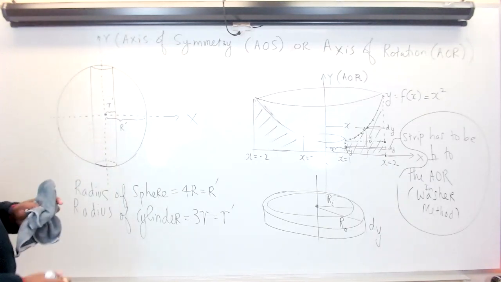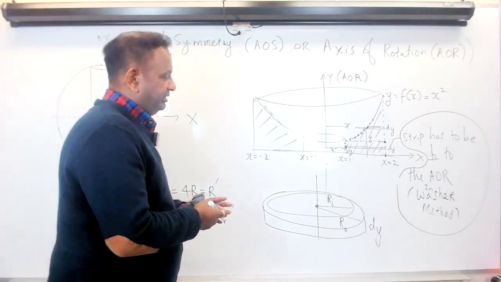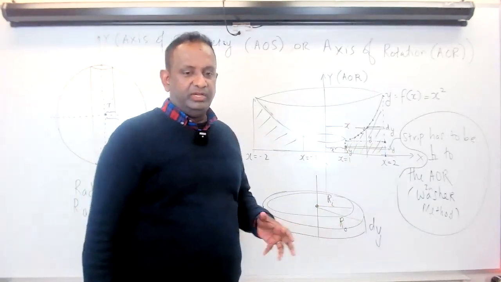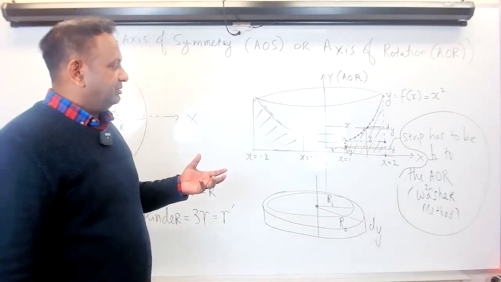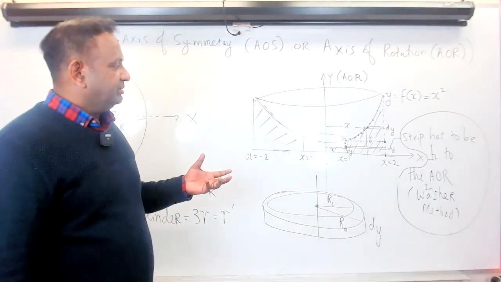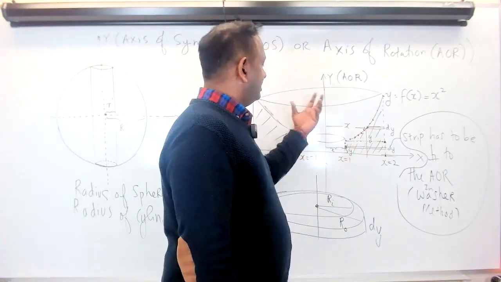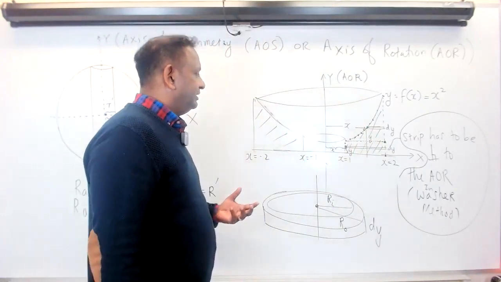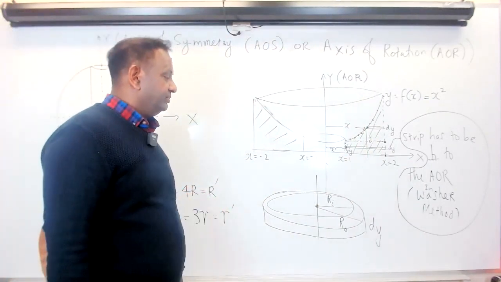So in a similar fashion, you saw what we did over here. This is how we're going to do it when you've been given some kind of a curve being rotated. The area under the curve being rotated about a certain axis generates a three-dimensional figure, and then we are looking for its volume.